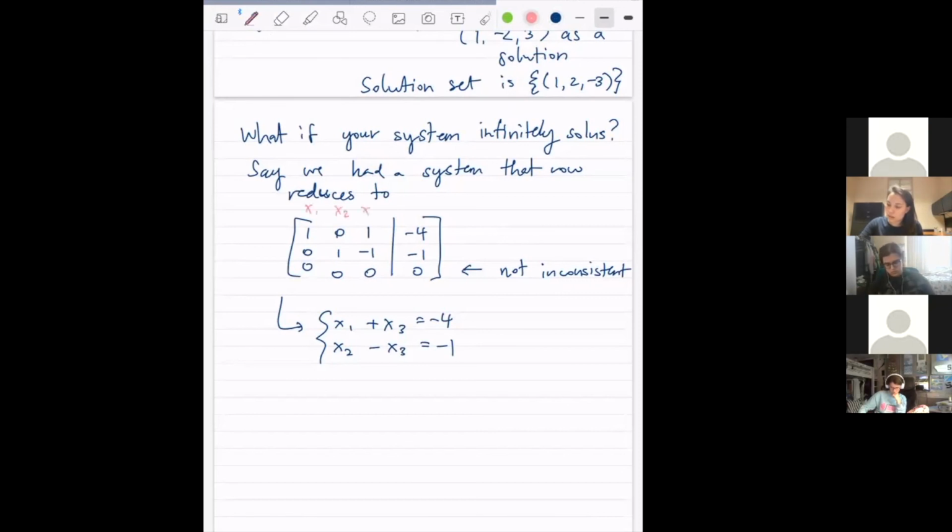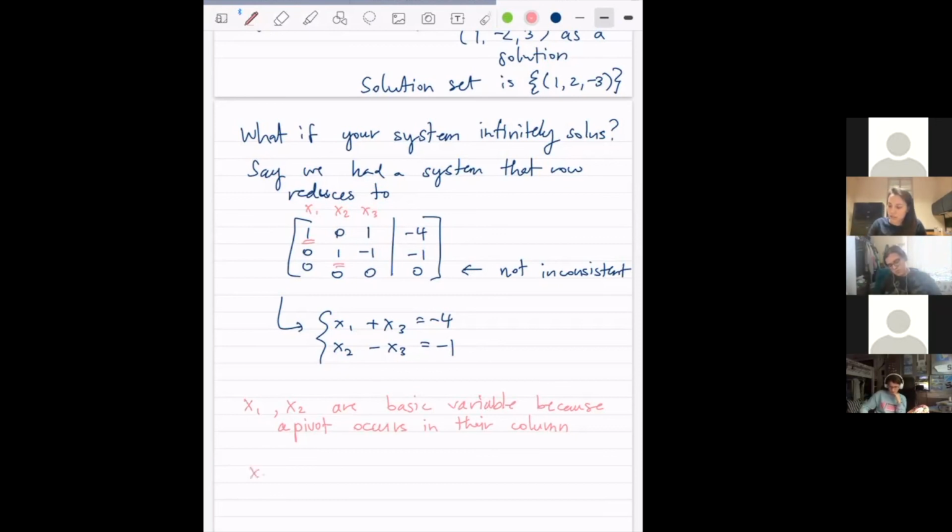Remembering that these columns correspond to one variable each, we'll say that x1 and x2 here are basic variables because a pivot occurs in their column, the column corresponding to those variables. So if we label them, we see there's a pivot here, there's a pivot in the x2 column, and there is not a pivot in x3.